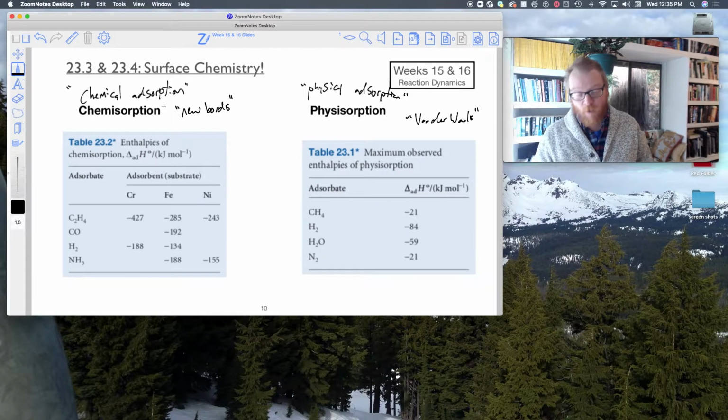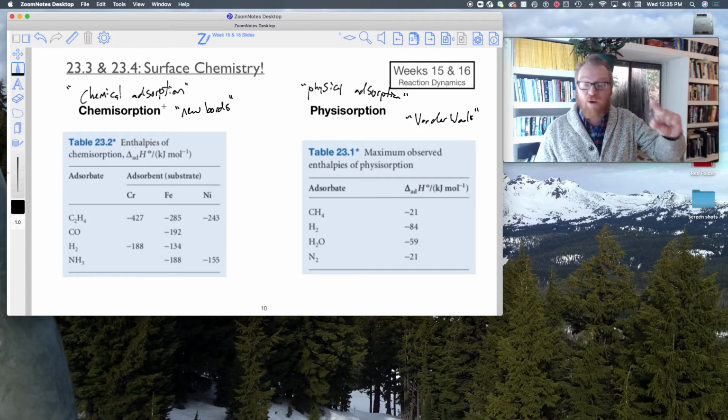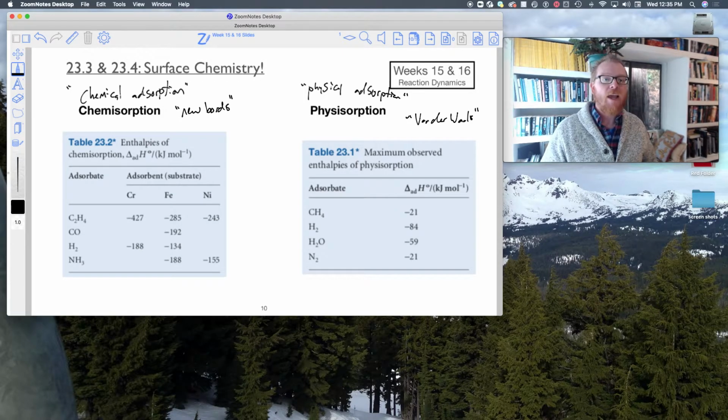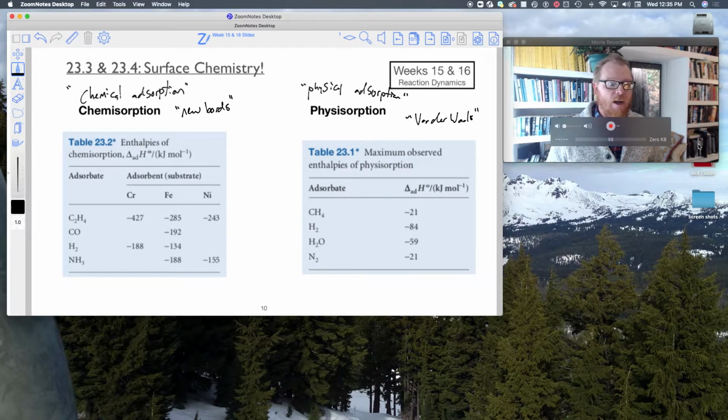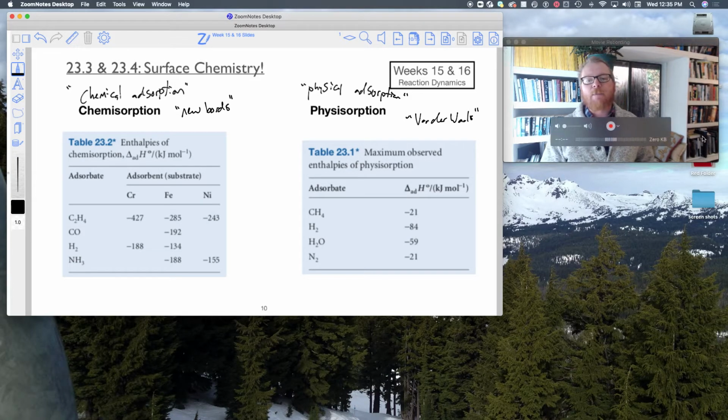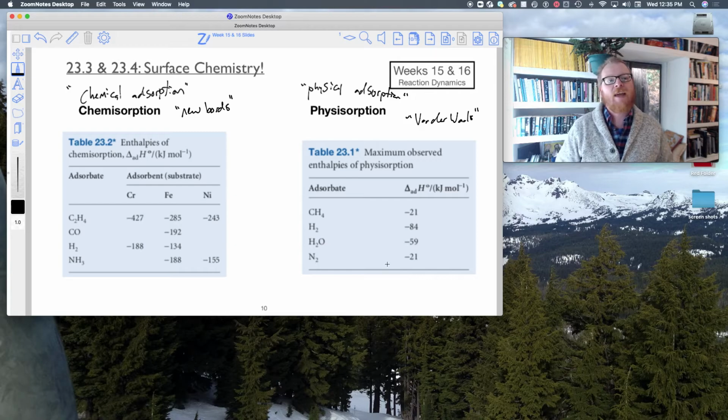Chemisorption, that's very difficult, and typically chemisorption is irreversible. Okay, so there's been a new bond created that's binding that add atom to the surface of that heterogeneous catalyst. And because there's the creation of this new bond, it can be very difficult to reverse that and desorb the atom. And that's observed in the delta H of adsorption, so the enthalpy of adsorption. That's typically a dead giveaway when something has been chemisorbed versus physisorbed.